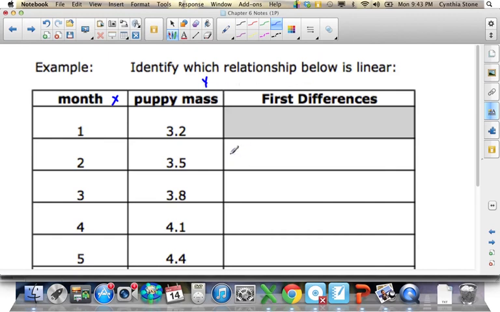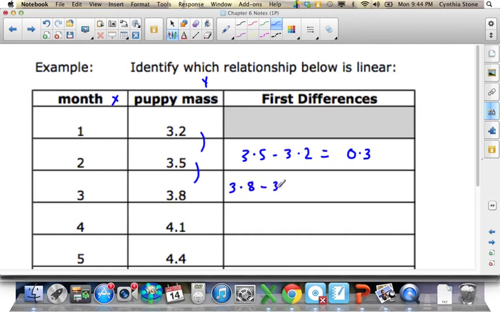Same thing. Do first differences. So this will be between these two. 3, oopsie, minus 3.2 equals 0.3. Okay, these two, 3.8, take away 3.5.